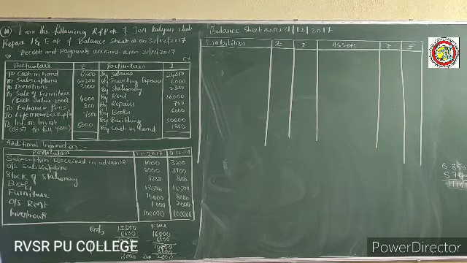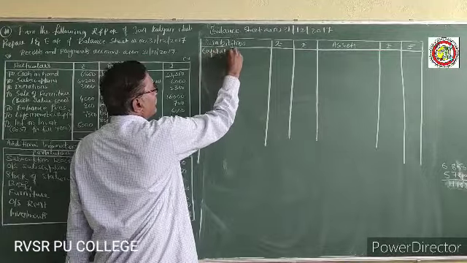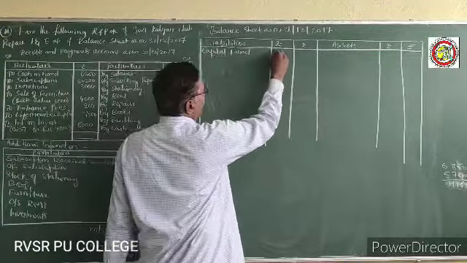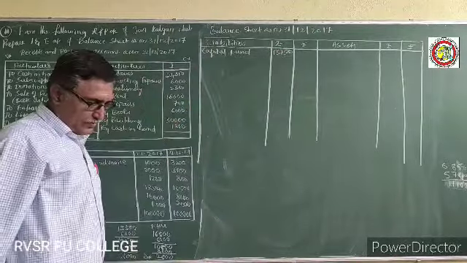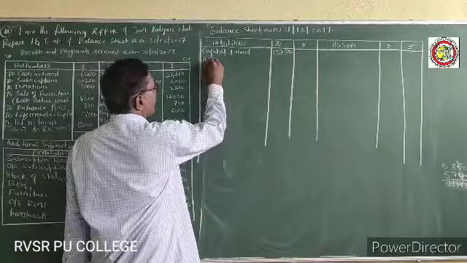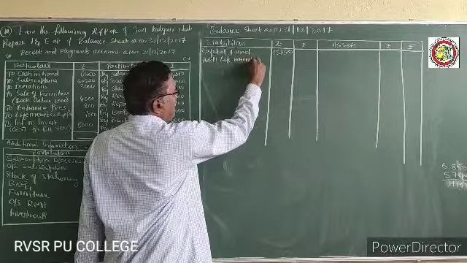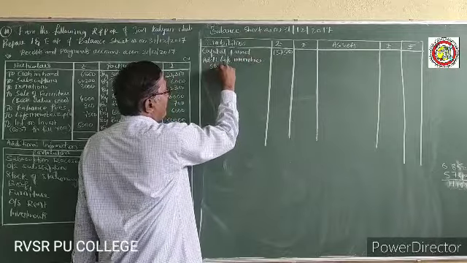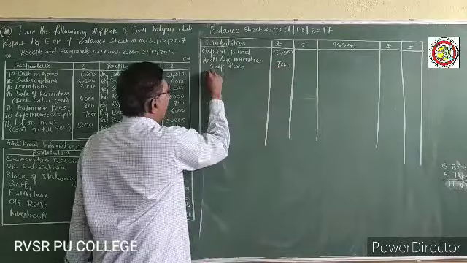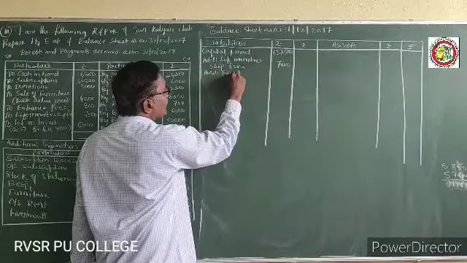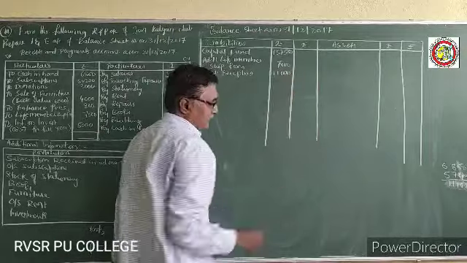Coming to the liability side, first capital fund. As you know, 1,37,500. Add life membership fees 7,000. Add surplus 11,100.